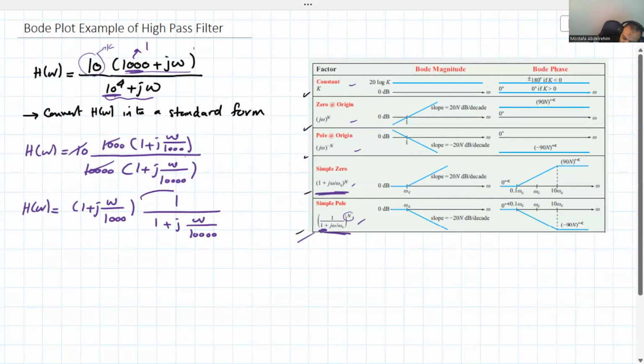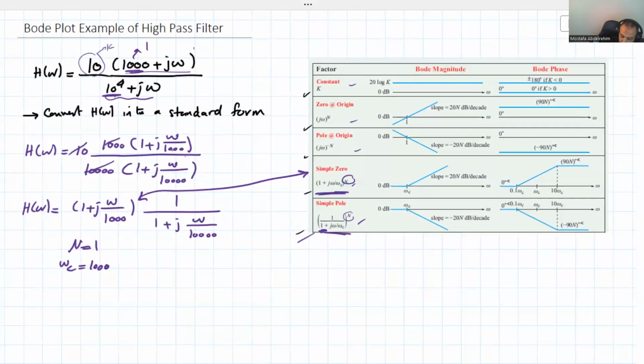That first guy is similar to a simple zero, n equal to 1. The exponent is 1 in our case, and omega c is equal to 1000. The cutoff frequency is 1000. And this guy is similar to a simple pole. Again, n equal to 1 and omega c is equal to 10,000.